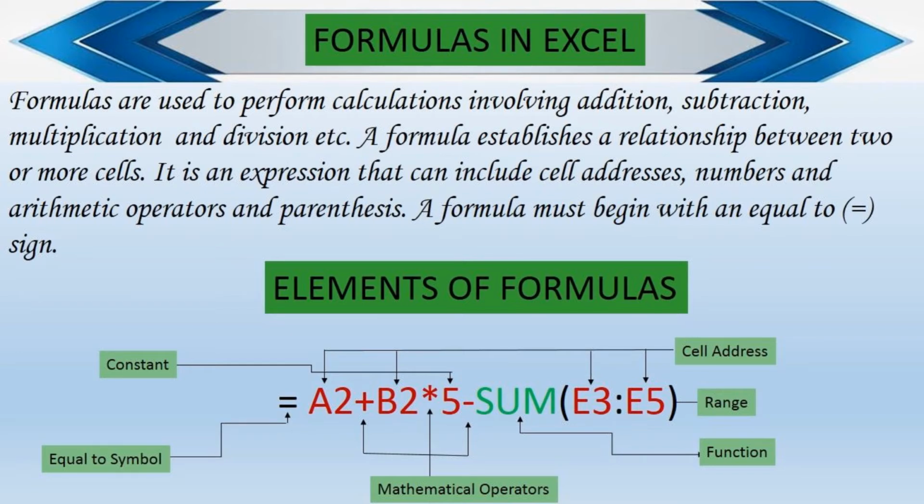The word SUM is a function name which is predefined in Excel, and E3:E5 is denoted as a range. Here I have used a number, that is 5, known as a constant, and all the formulas and functions in MS Excel always start with an equal to sign.